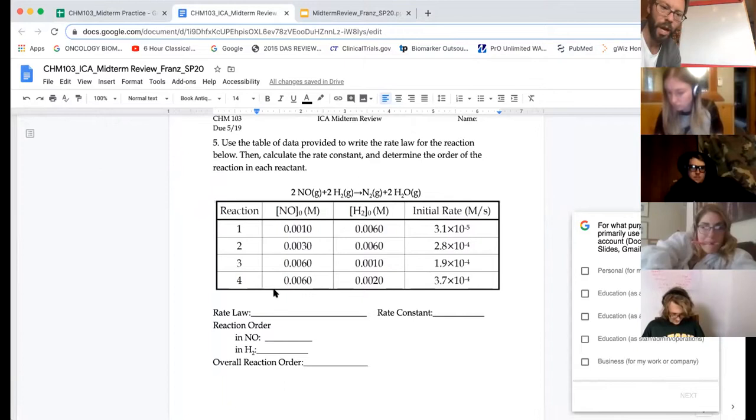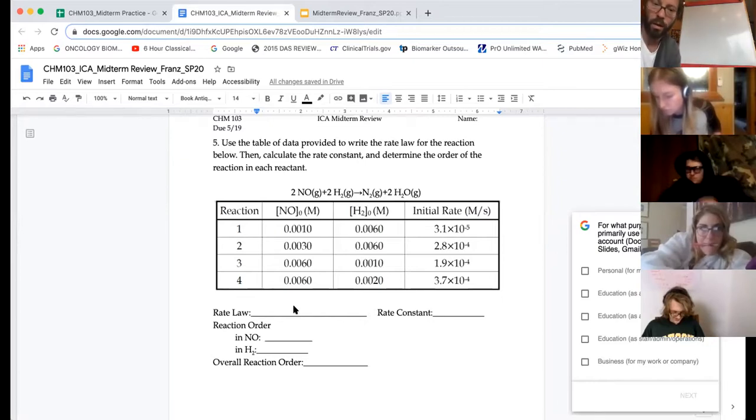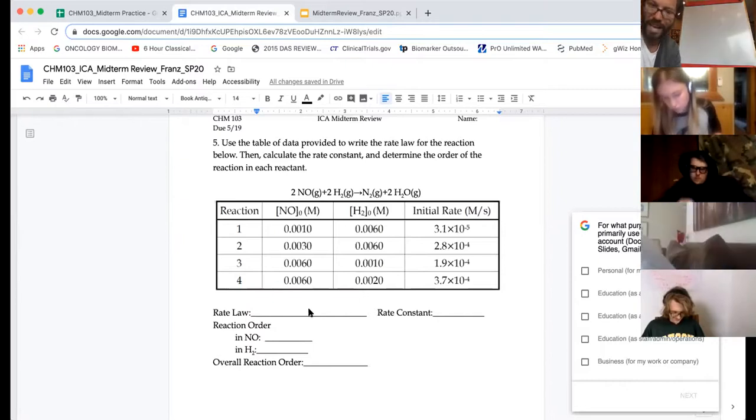Okay, so we have to know the reaction order before we can write the rate law, because the rate law is going to have those coefficients raised to certain powers, 1, 0, or 2, depending on the order that they are. And then once we have that rate law, we can use that to solve the rate constant. So the first thing we have to do is the reaction order.